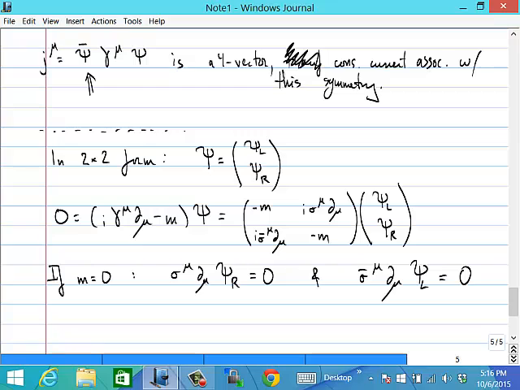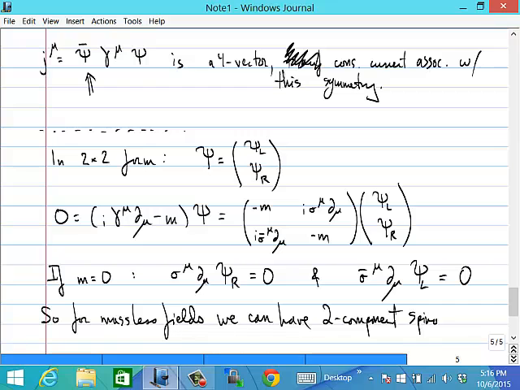Okay, so that means that if we were interested in the specific case where m is equal to 0, you could actually write down nice relativistic wave equations for 2-component spinors rather than 4-component spinors. In particular, what this means is that for massless fields, when m is equal to 0, we can have nice relativistic wave equations involving only 2-component spinors, psi left and psi right.